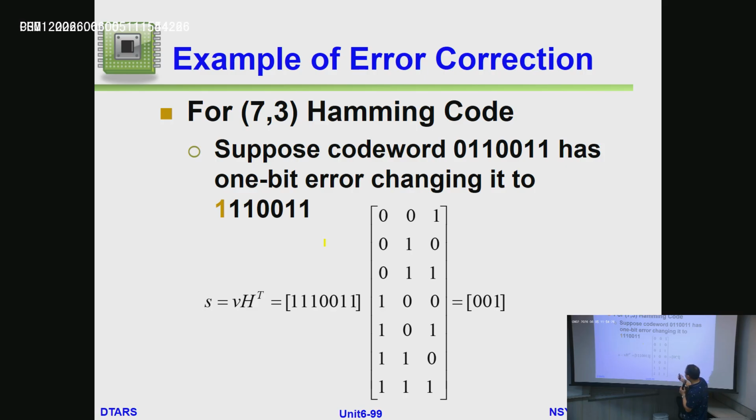Then you try to map this syndrome to see if it matches any row of this matrix. If you can find one, then its location means the error location, because this 001 is the first row. So it means that the first bit of your data should be erroneous. And because it is erroneous, we just flip this bit to 0. Then you will find this completes the error correction.